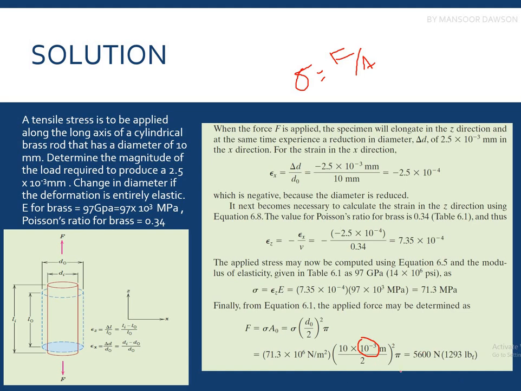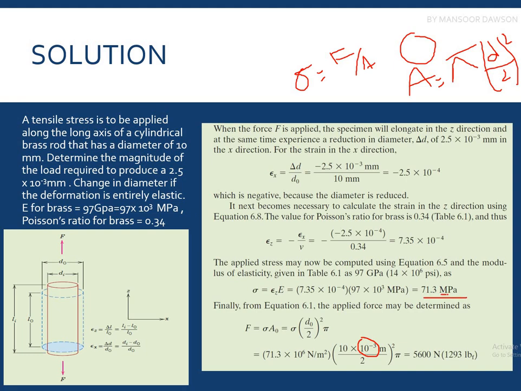And we'll multiply it by pi, because we know the formula of area for a circle is pi times d upon 2 squared. So we have taken this area, this is our stress which we got previously.